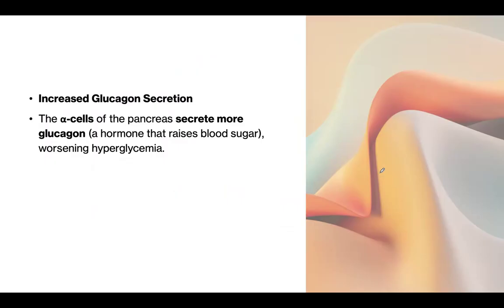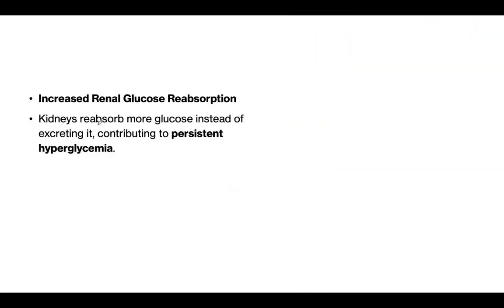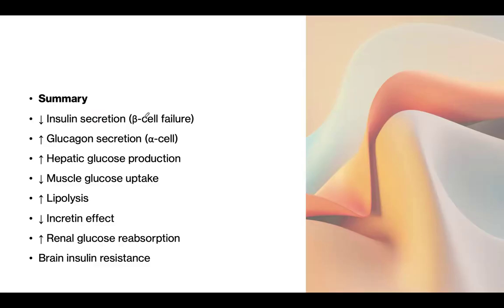So beta cell activity decreases, but in the pancreas alpha cell activity increases, which secretes more and more glucagon, raising the blood sugar level in the body. With increased renal glucose reabsorption, the kidney reabsorbs more and more glucose instead of excreting it, resulting in hyperglycemia.